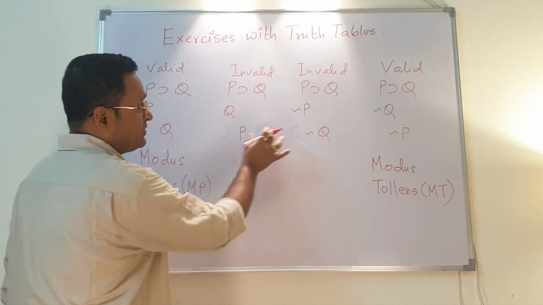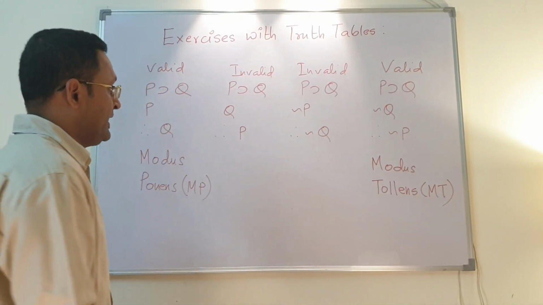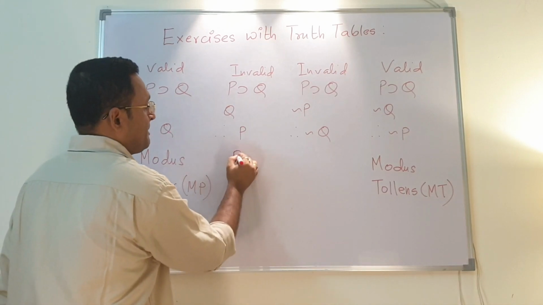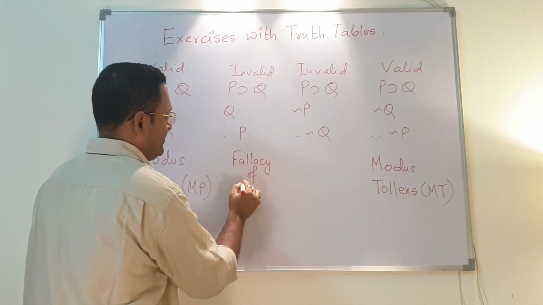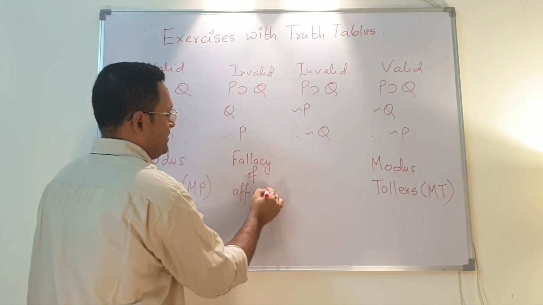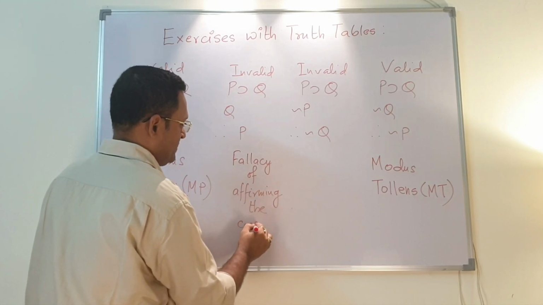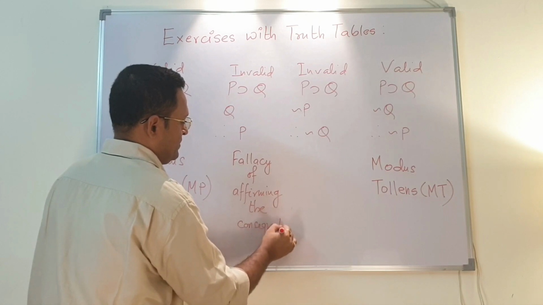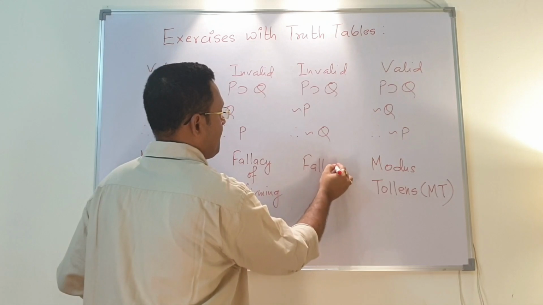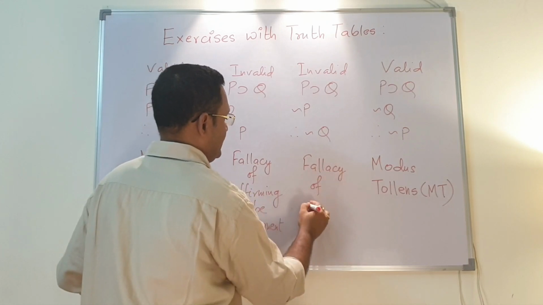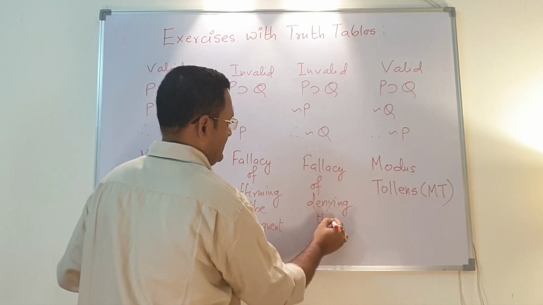Now these two also have very specific names. This is called fallacy of affirming the consequent, and this is called fallacy of denying the antecedent.